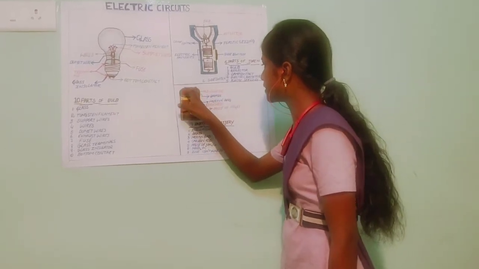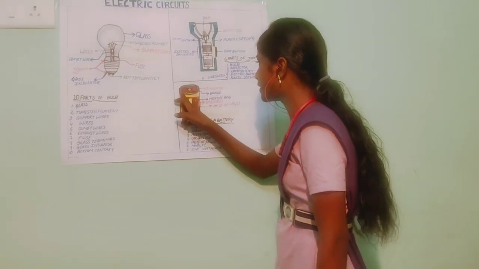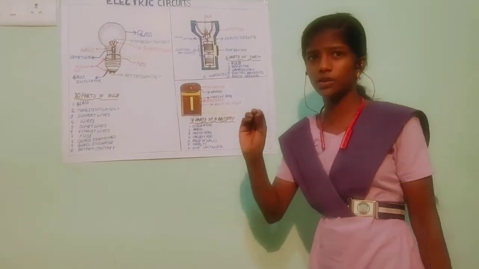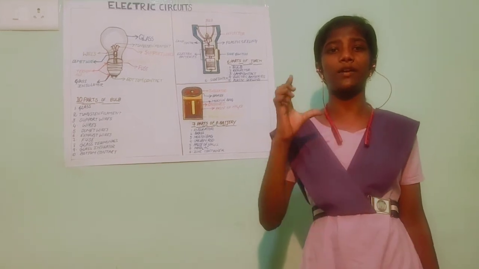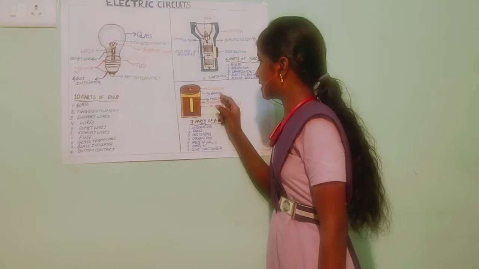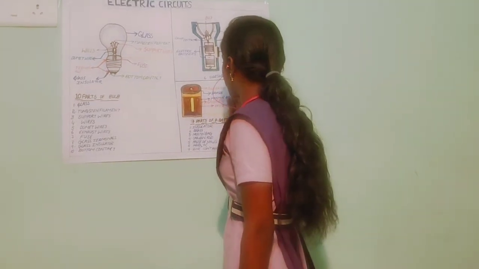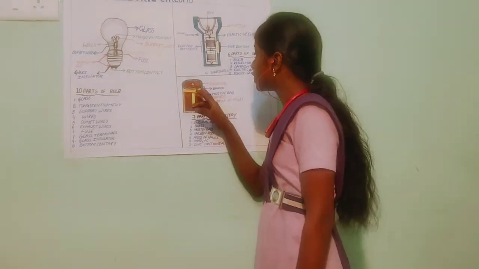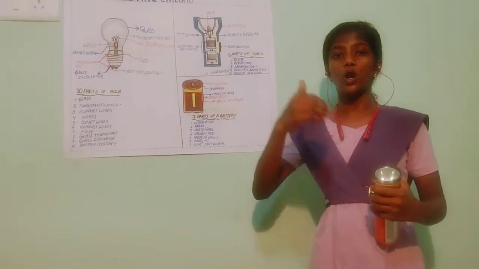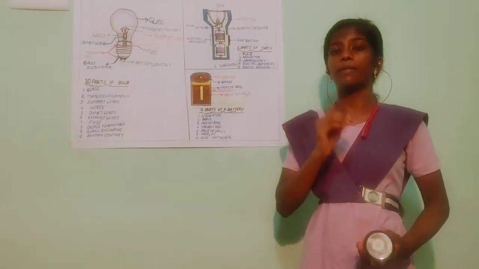First one is this green color part, the insulator. The insulator is used for covering as a metal shield. Brass conductor. This brass conductor is used in the lower part of the battery.